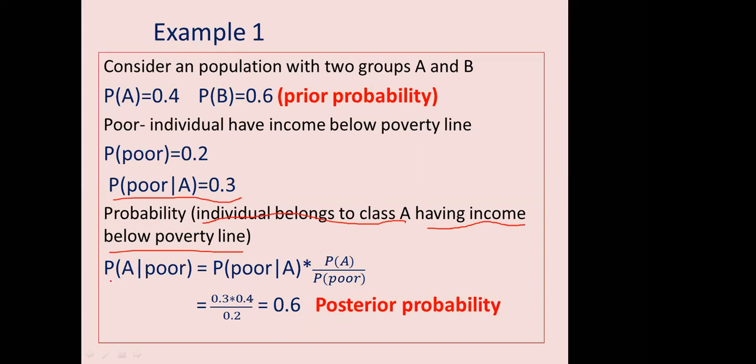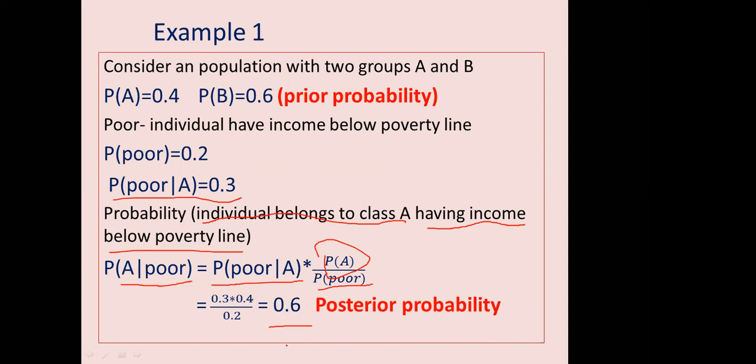By Bayes theorem, probability that the individual belongs to class A given that he is poor is equal to probability that the individual is poor given class A, into probability that the individual belongs to class A, divided by probability that he is poor. By substituting these probabilities, we get probability of the individual belonging to class A given that he is poor equal to 0.6, which is the posterior probability.